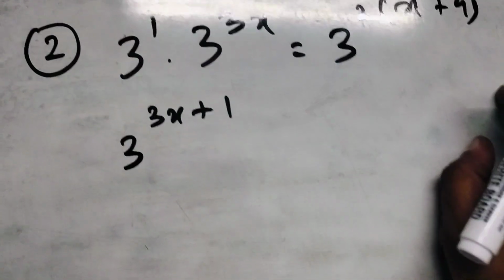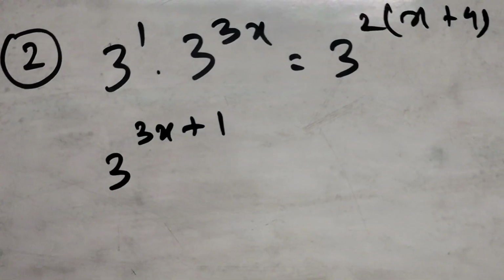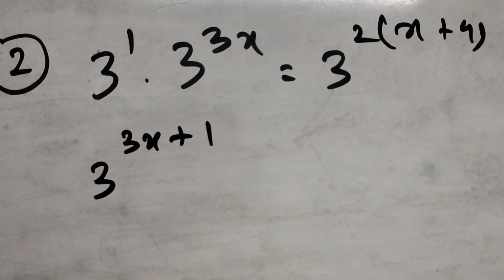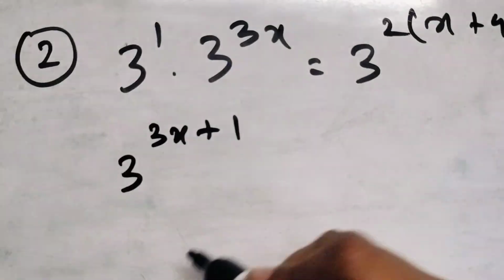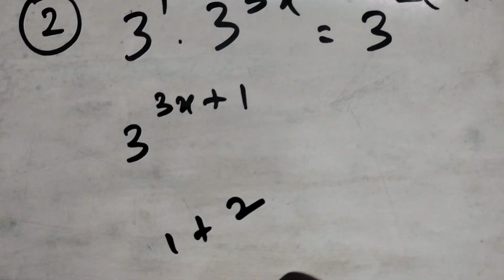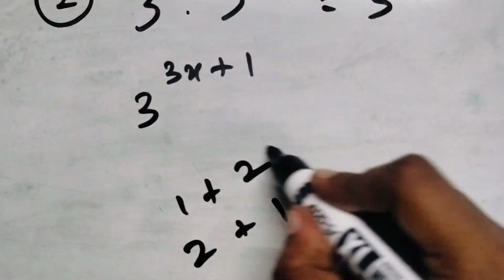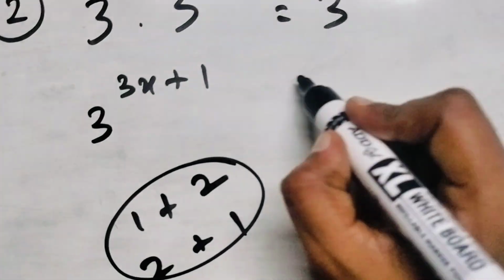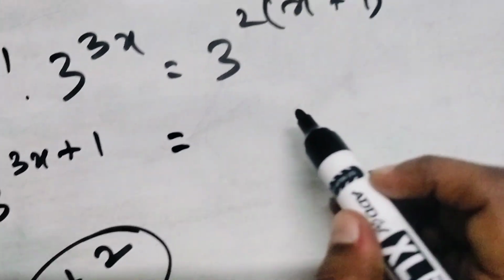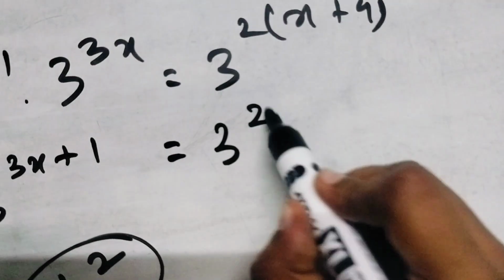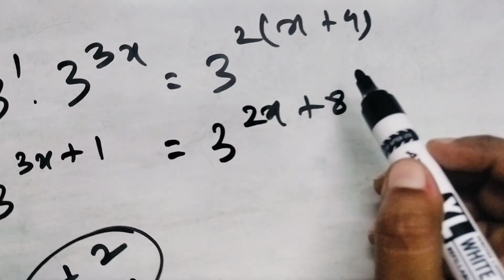Remember, addition is commutative, so whether we write it as 1 plus 3x or 3x plus 1, it's the same thing. Writing 1 plus 2 or 2 plus 1 is exactly the same because addition is commutative. Now this is going to be equal to 3 power 2x plus 8.